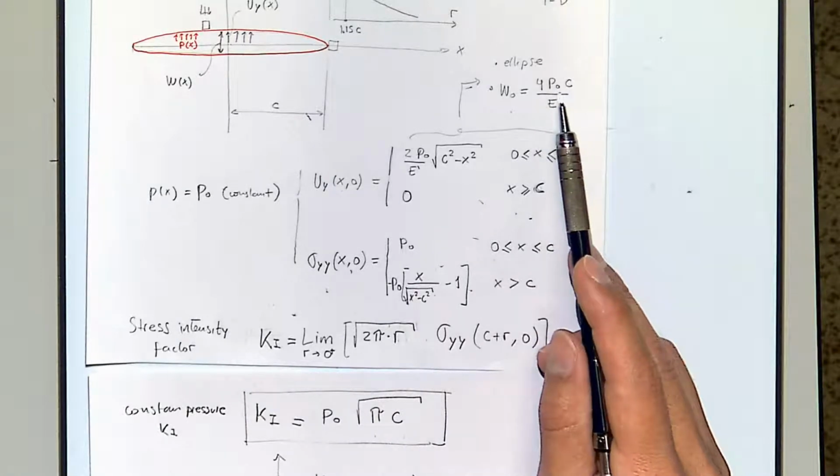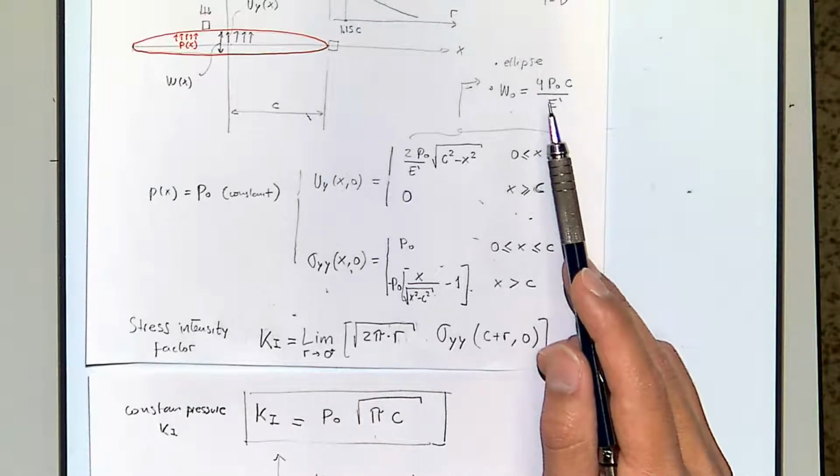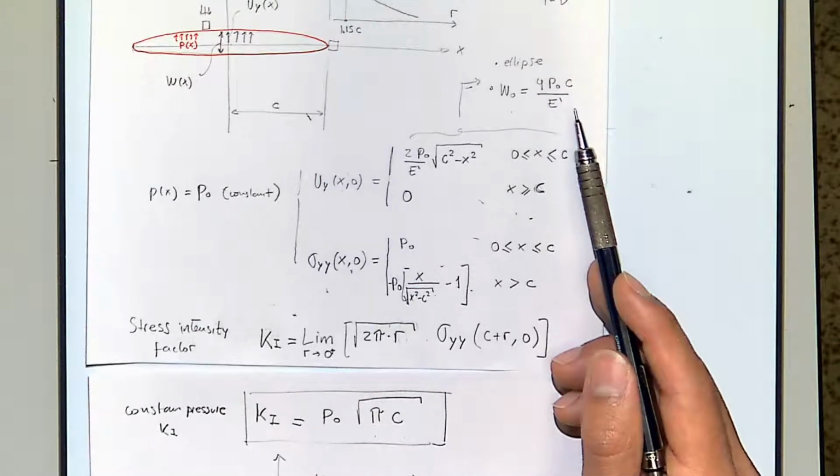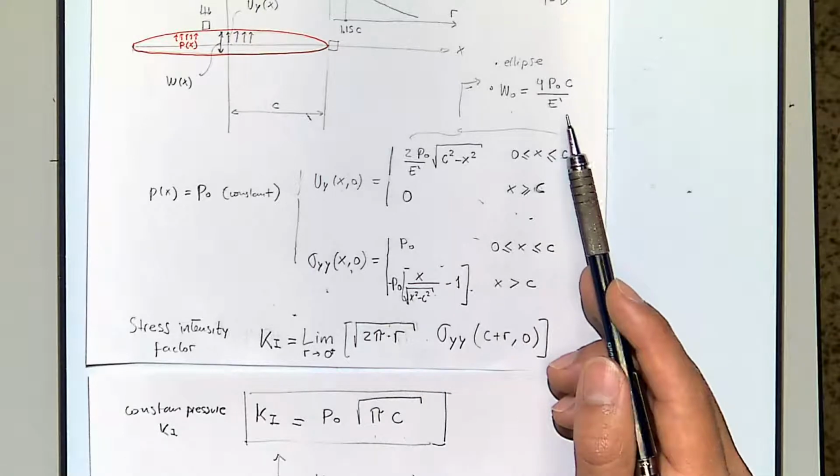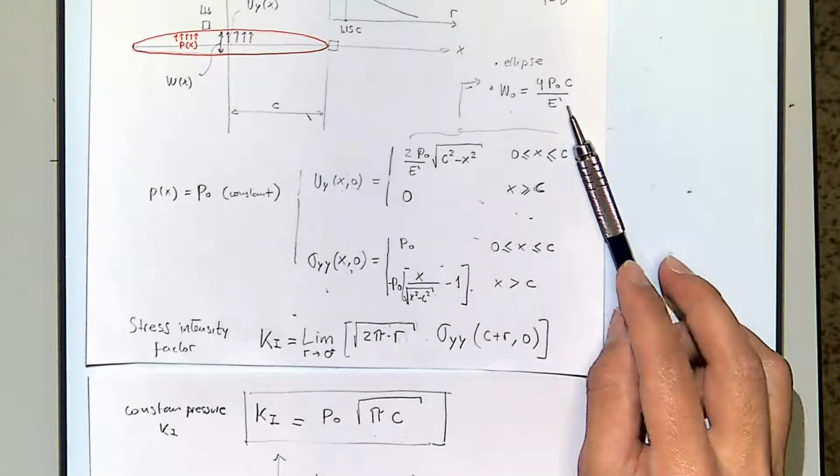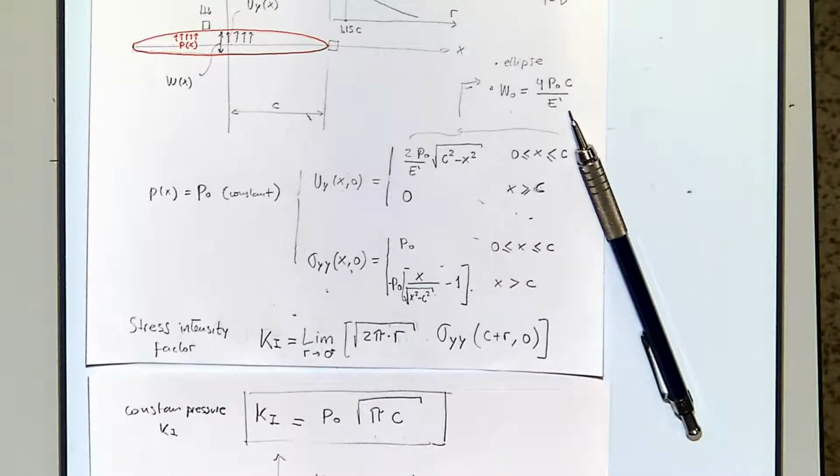So what do you think would be a reasonable net pressure in a fracture, more or less? You have something in mind? So usually, in situ stresses are in the order of tens of MPa.